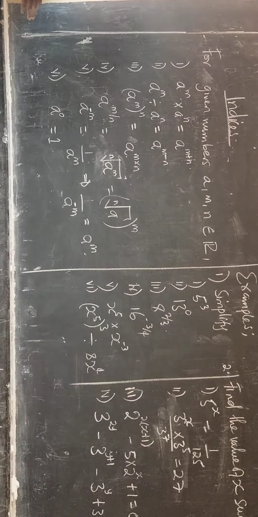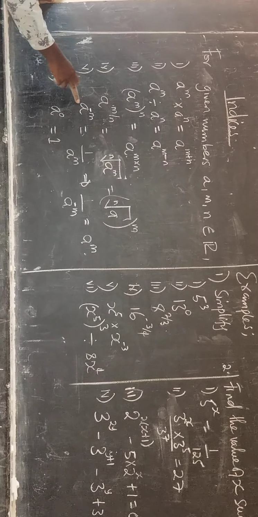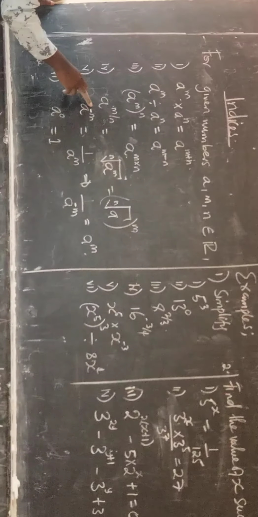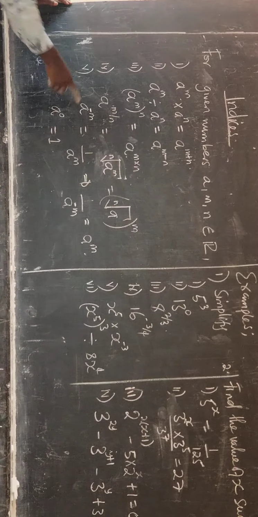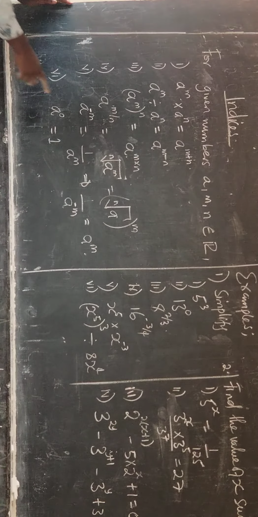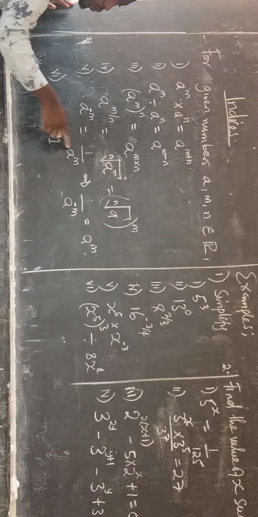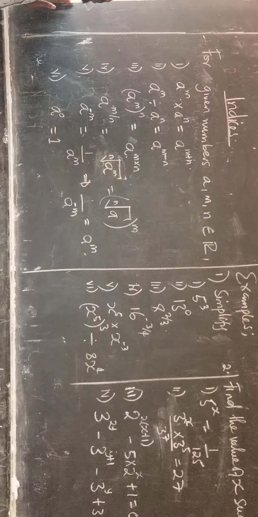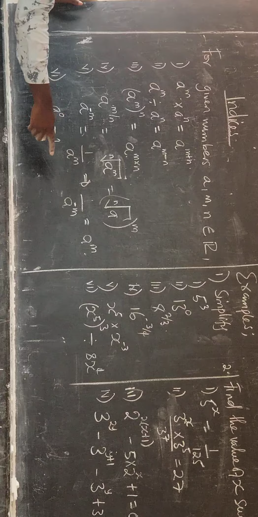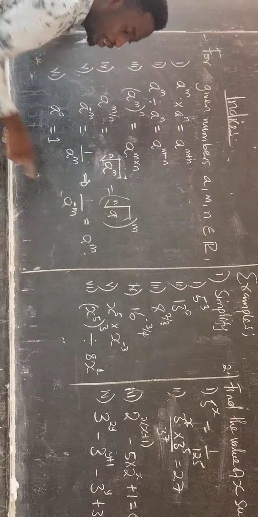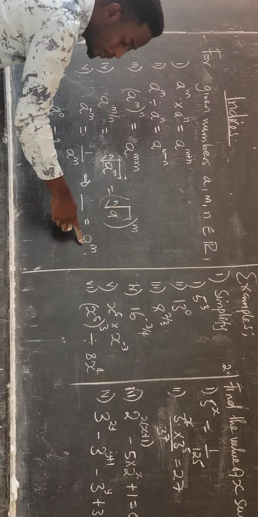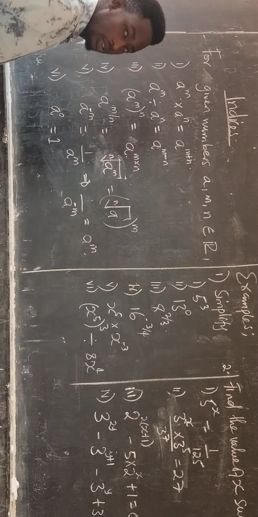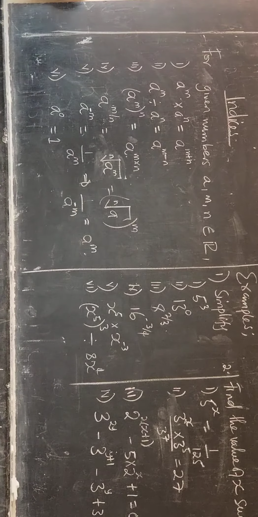Then if you have a negative power, the negative just simply means you have to do the reciprocal of that number. That is, a power minus m is 1 out of a power m. This also implies that if the negative power is on the denominator, you do the reciprocal and it becomes the numerator without the negative. Is that okay?